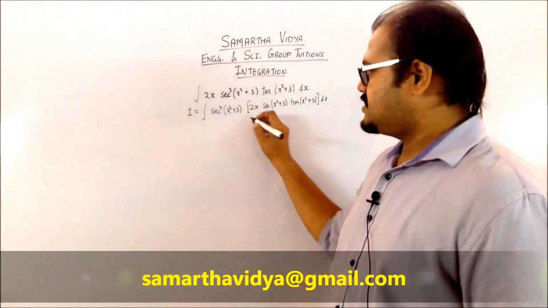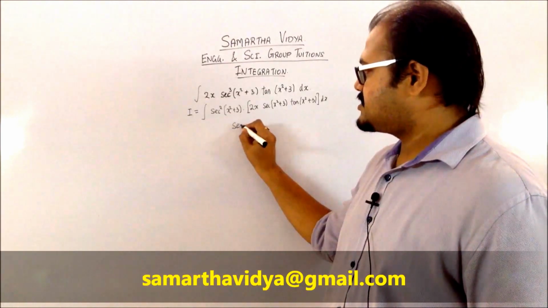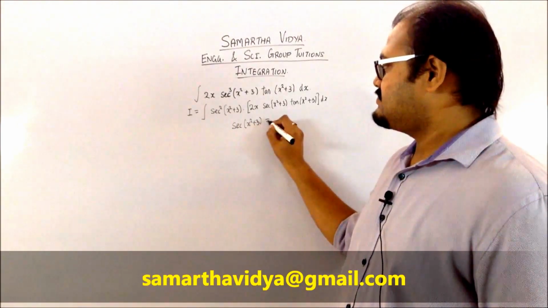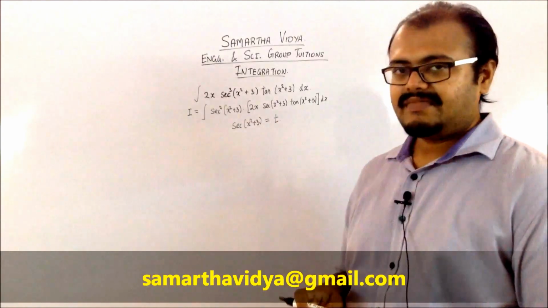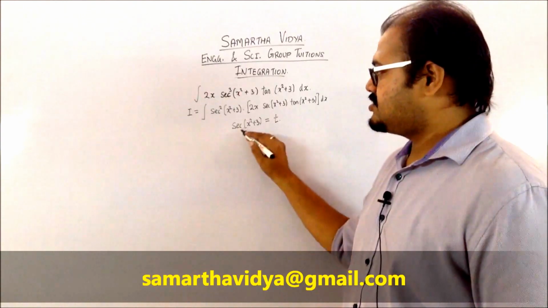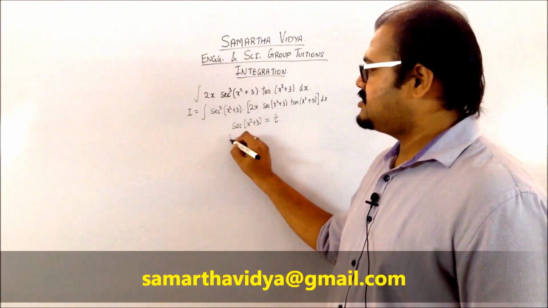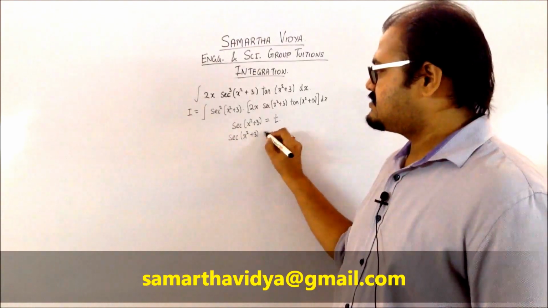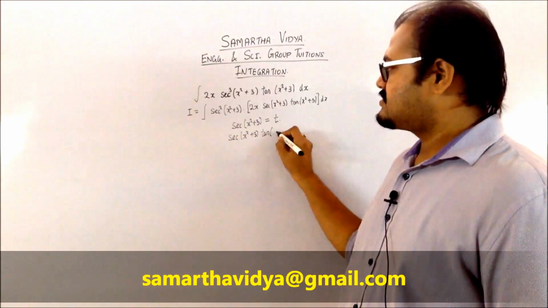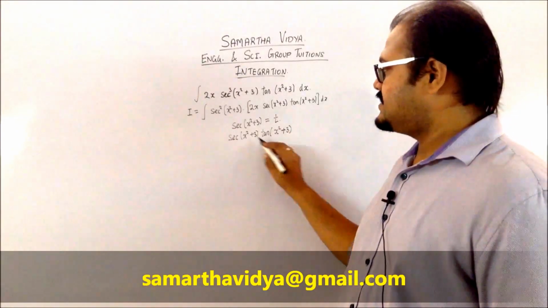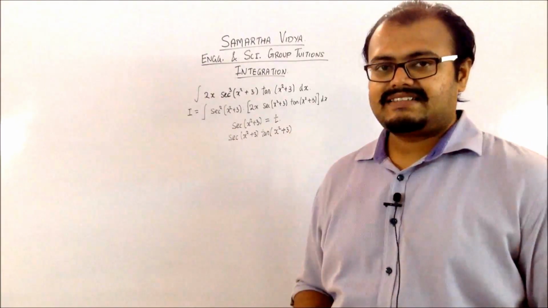Now when you are substituting, you can substitute your sec of (x square plus 3) as the variable t. When you are doing this, you are taking the derivative. So you know that the sec derivative is going to be sec and a tan, along with the derivative of what is present inside the sec.